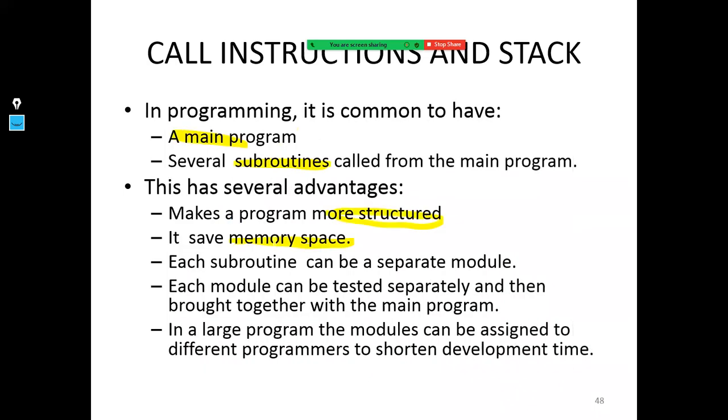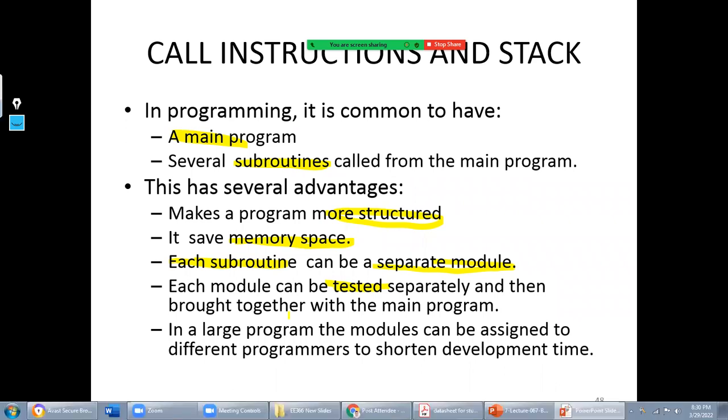This technique also permits us to prepare each subroutine in a separate module, so we can test each subroutine separately. And if you have a group of engineers working on a big project, we can divide the project into different subroutines, and each engineer will take charge of some subroutines.